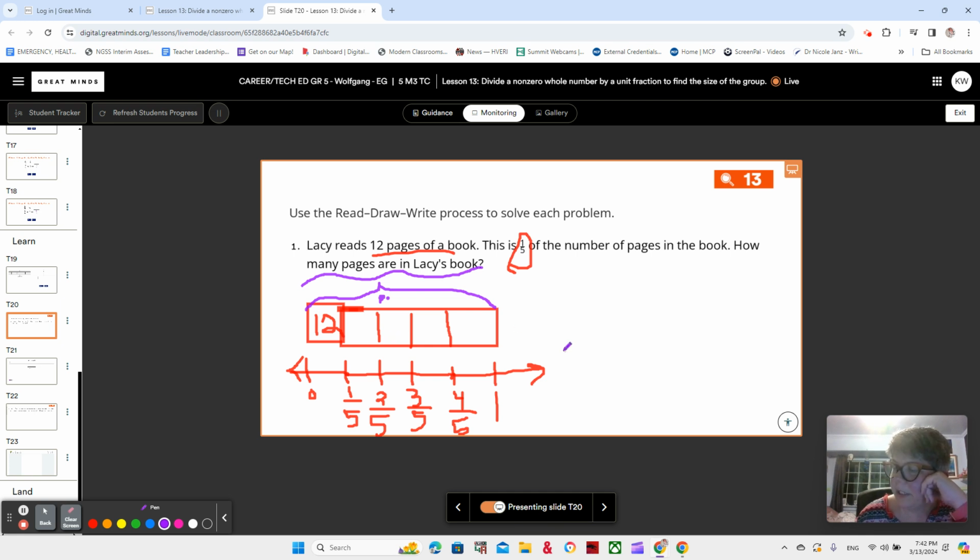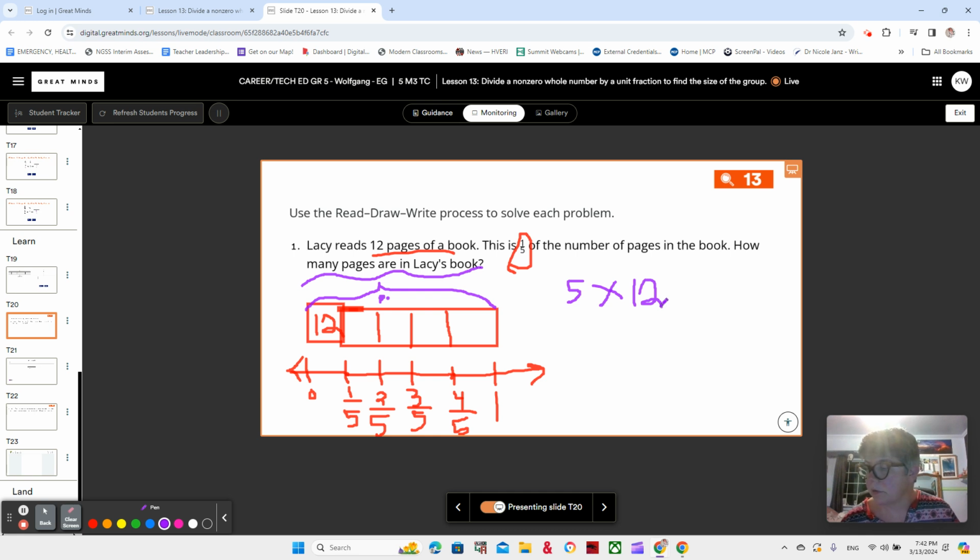What expression can you use to help find the number of pages in Lacey's book? What about multiplication? We have 5 sections, so could we use 5 times 12? 5 times 12 could show the number of pages in Lacey's book, right? 5 groups of 12.